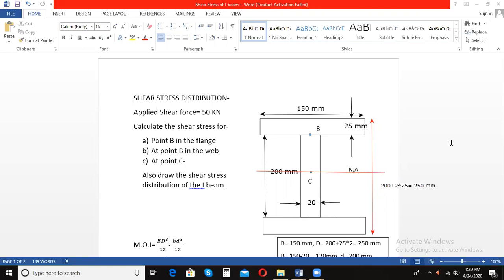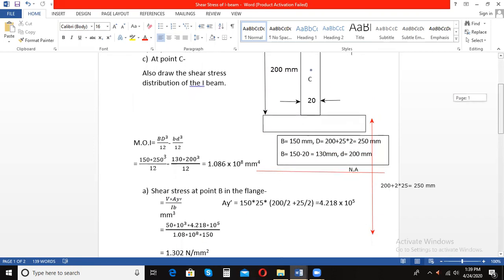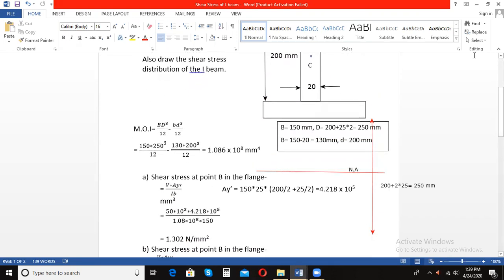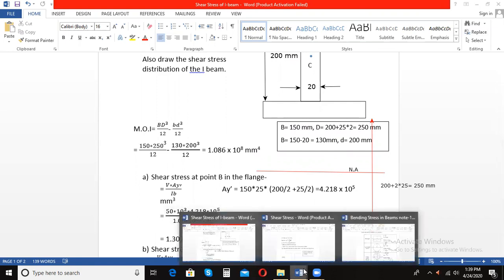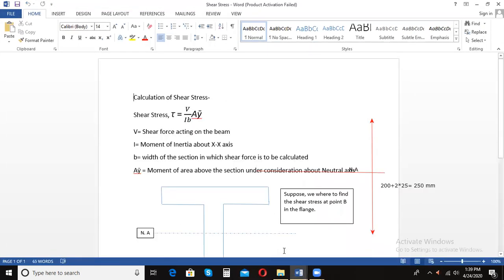Now let's check how to calculate the shear stress. Let's go to the formula. Here is the calculation of shear stress.